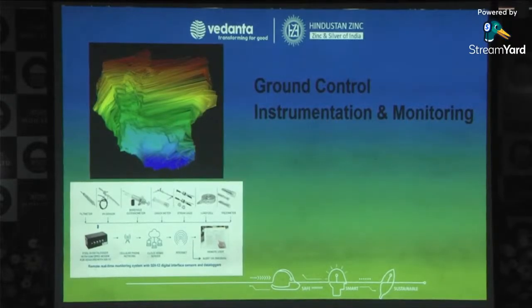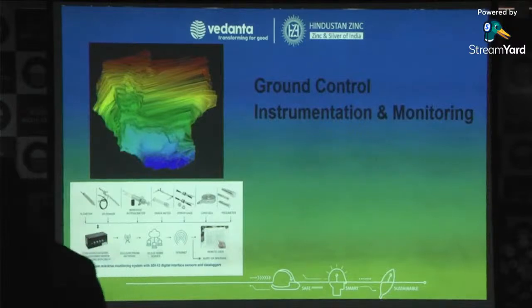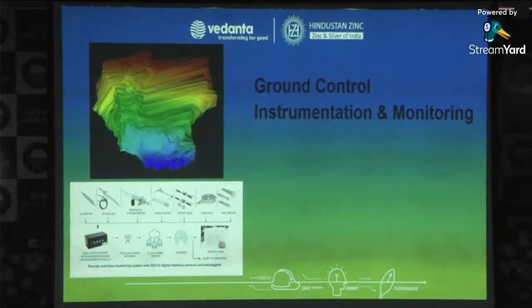Now we will discuss some about cost. Decline. Yes sir, to produce.